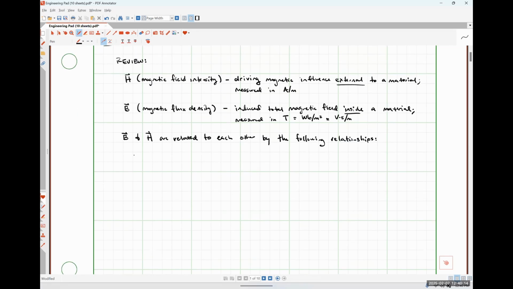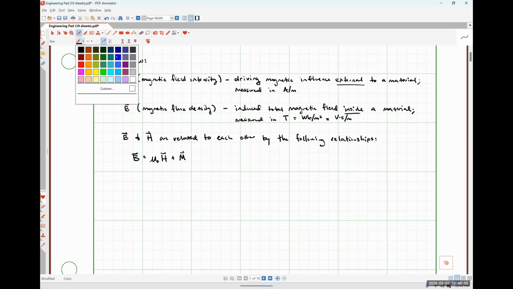So our B field is going to be equal to mu naught times H plus M, where this M is a magnetization vector.